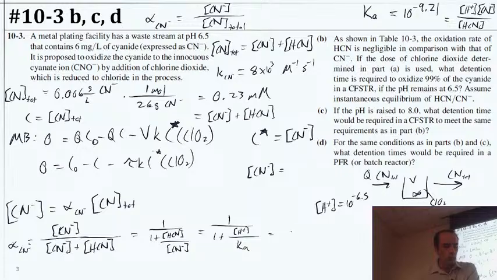This becomes 5. No, that's part C, sorry. What do I have? Did I solve it? Can anyone do that for me real quick? 1 over, see if you can do it faster than I can.